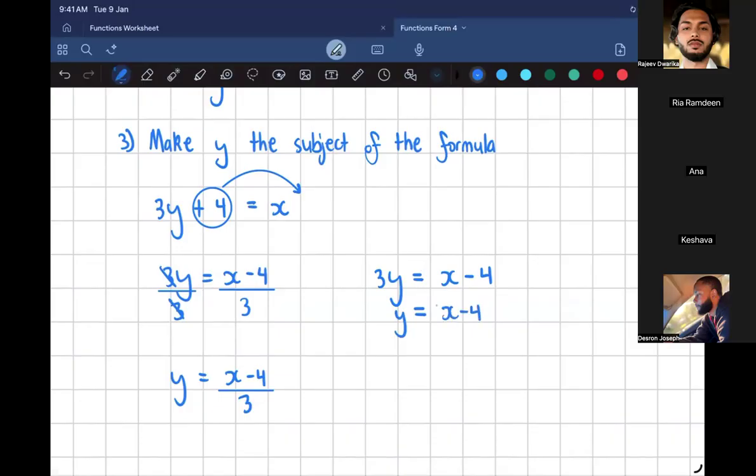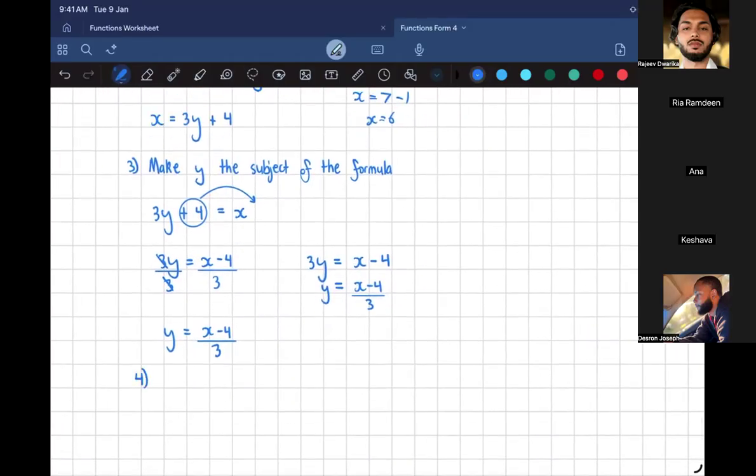What's the opposite of multiplication? Division. Right? So if I move that 3 across the equal sign, it will turn to divide by 3. That's just some different ways you can think about it.